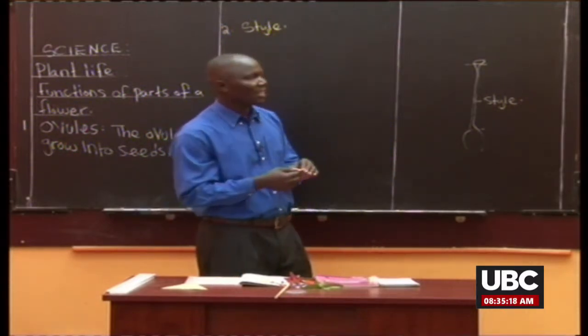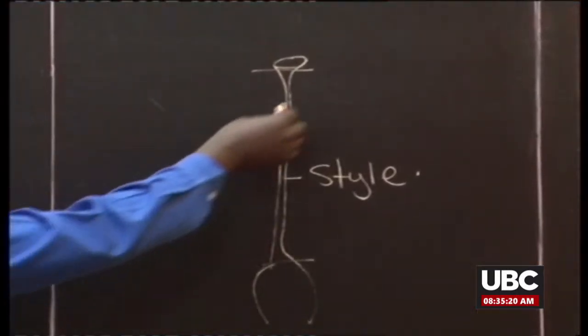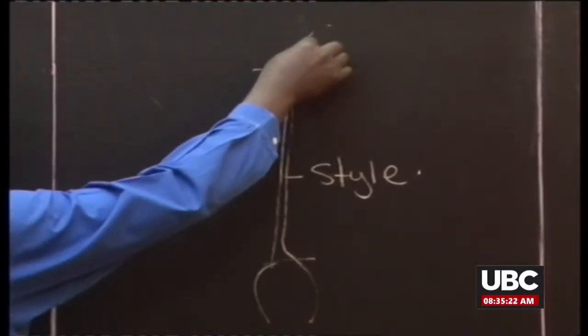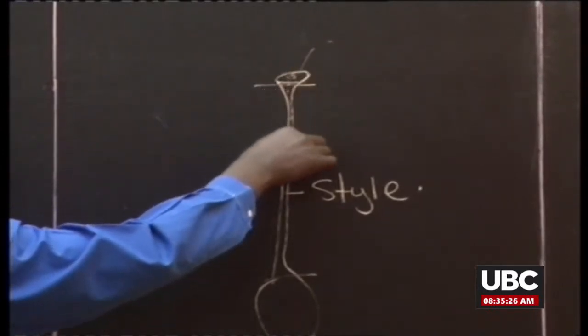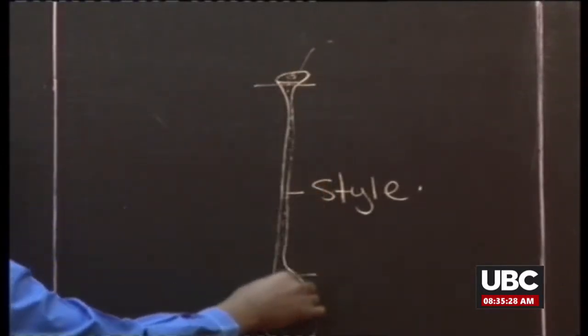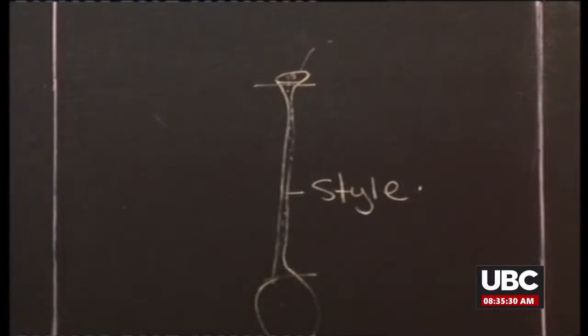And how important is that one? When pollen comes and falls onto this, it is going to move down this tube until it goes down into the ovary. So we are saying that the style joins the stigma to the ovary.